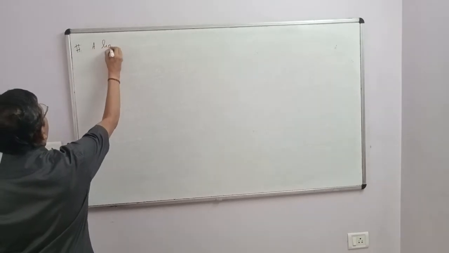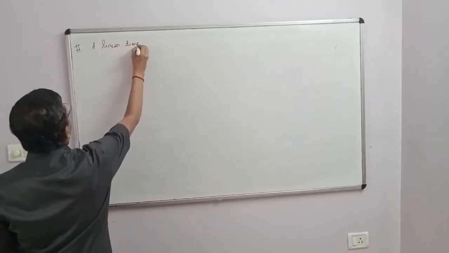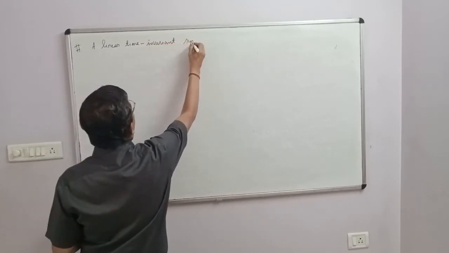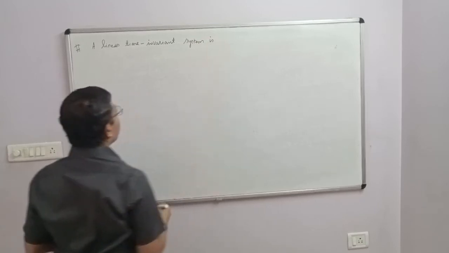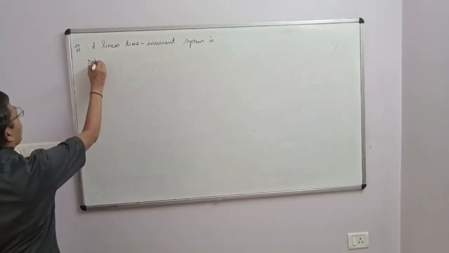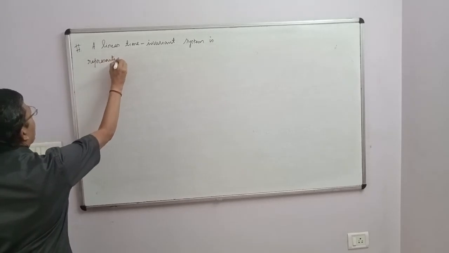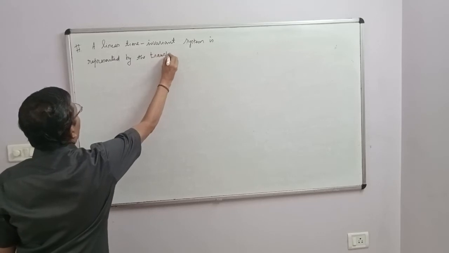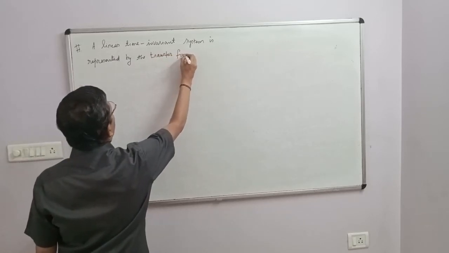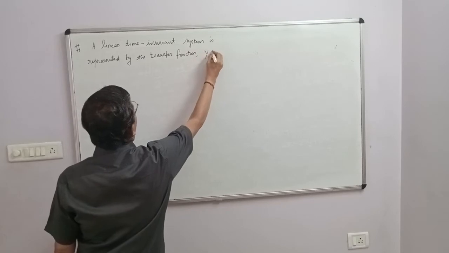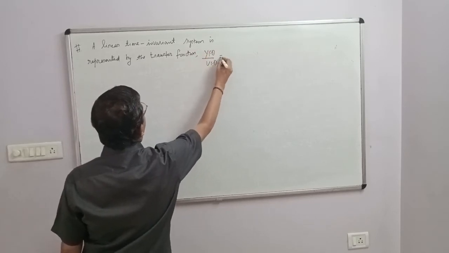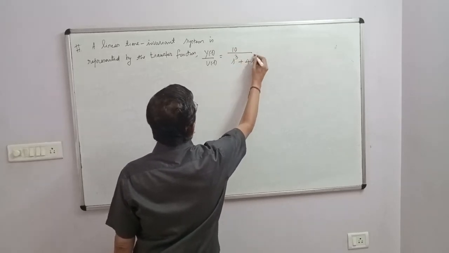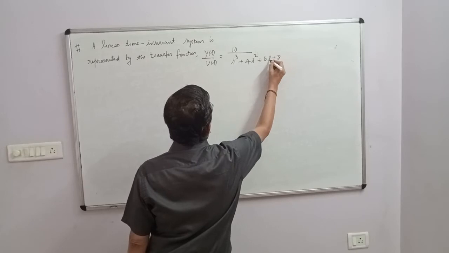A linear time invariant system is represented by the transfer function y of s divided by u of s is equal to 10 divided by s cube plus 4s square plus 6s plus 8.